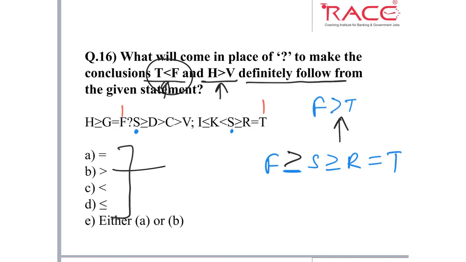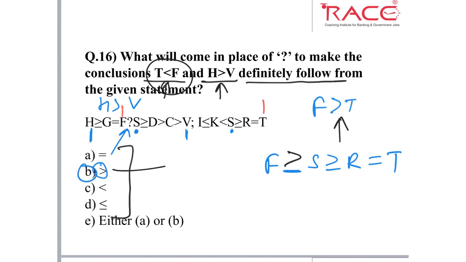Now the second conclusion must also be satisfied. So in that case we have H and V. Where we have H here, and V here in the single statement. And you can see if we put this greater than sign here, this satisfies H greater than V. So what would be my answer?